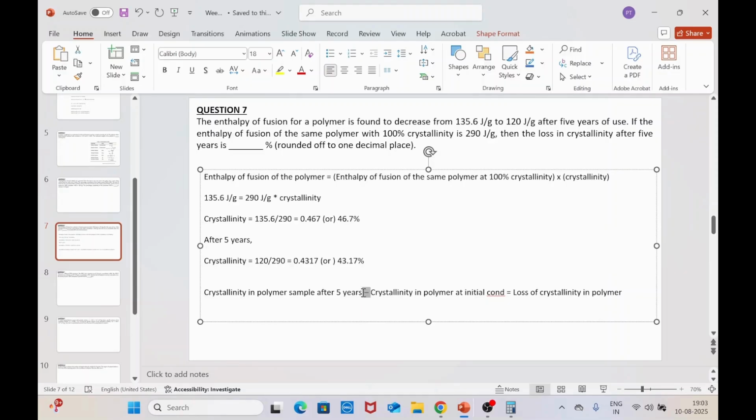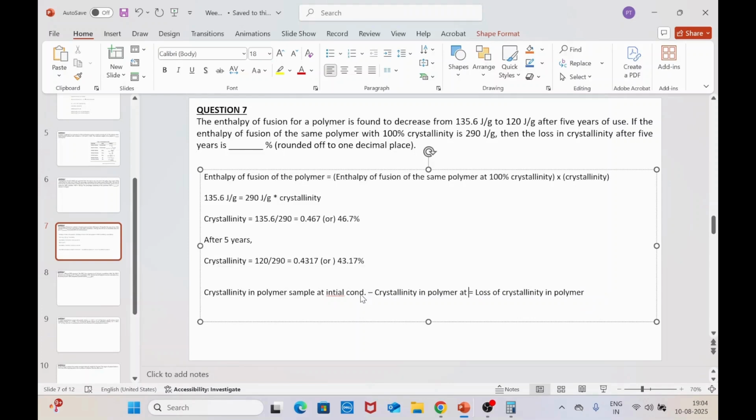Since this is a loss, it should be initial minus final. Otherwise, you'll get the answer in terms of negative. But since we are asking for the loss, it is well understood that the negative sign means the loss. So the answer should be represented as a positive value.